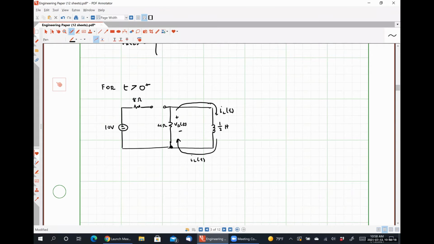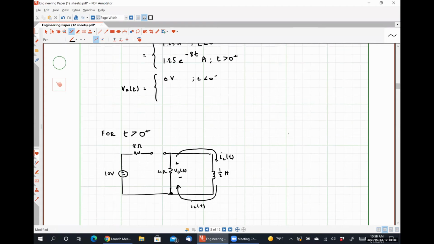So if that's true at t equal to 0 plus, how is it not true for all t greater than 0 plus? That same current is just going to flow round and round, right?